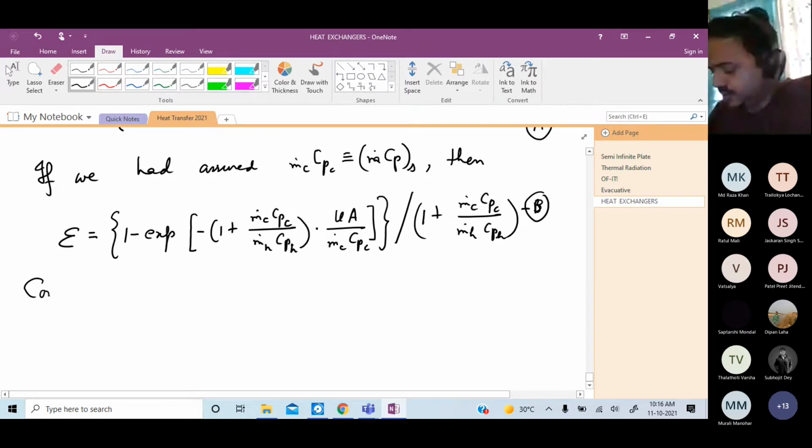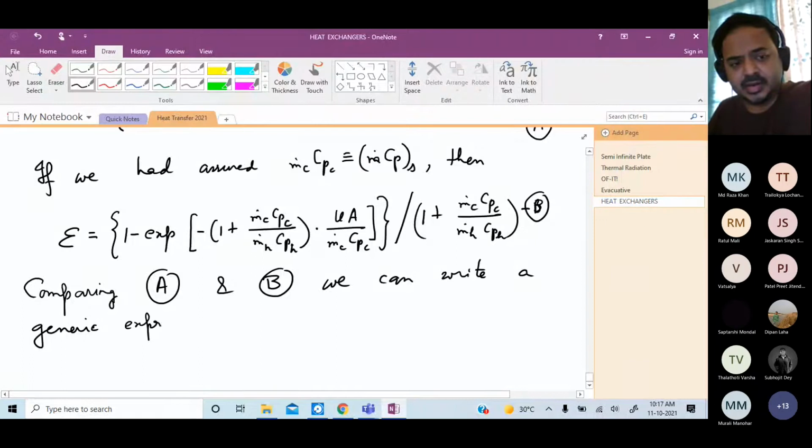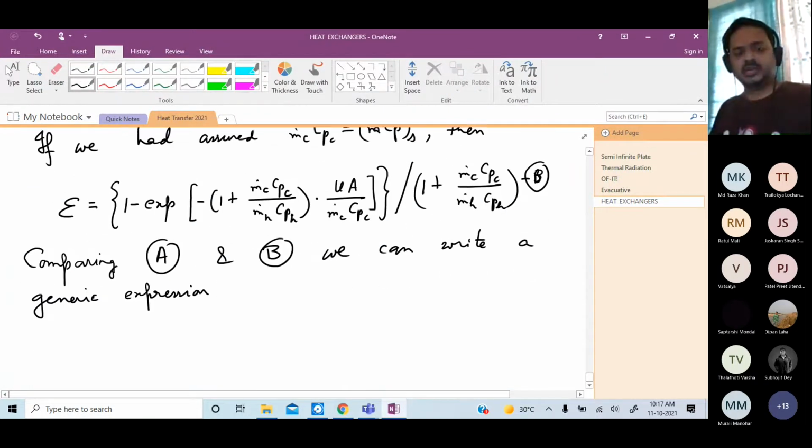So comparing A and B, we can write a generic expression. What can we write?